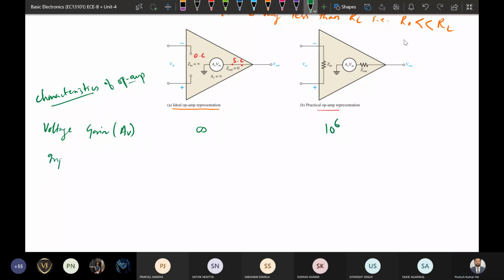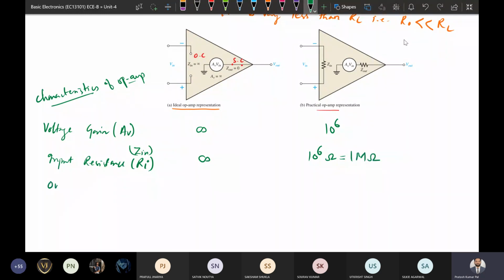Next is the input resistance, R input, or Z input. R input should be infinity in the ideal case, and for the practical case, the input resistance is considered to be 10 to the power 6 ohms, or 1 mega ohm.